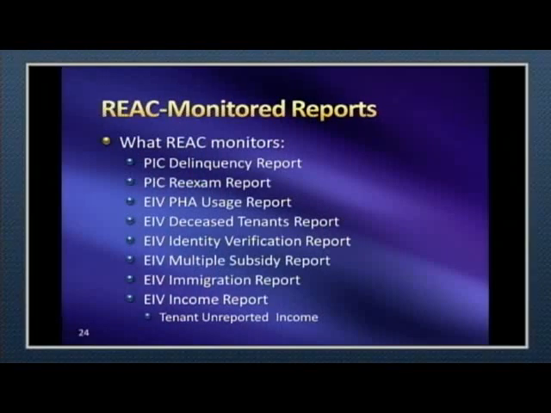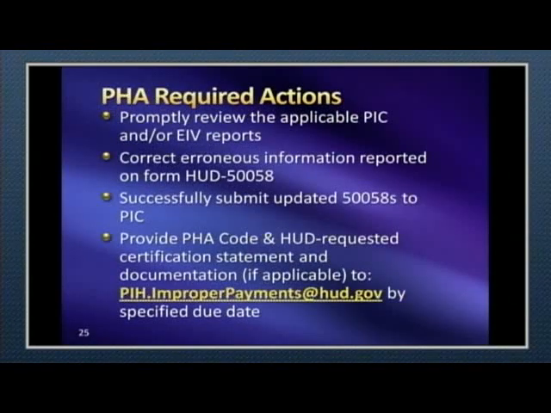Okay, so this is what RHIIP monitors, in a nutshell: your PIC delinquency report, your re-exam report, the EIV PHA usage report, deceased tenants report, identity verification, multiple subsidy immigration report, and the EIV income report in the context of tenant unreported income.